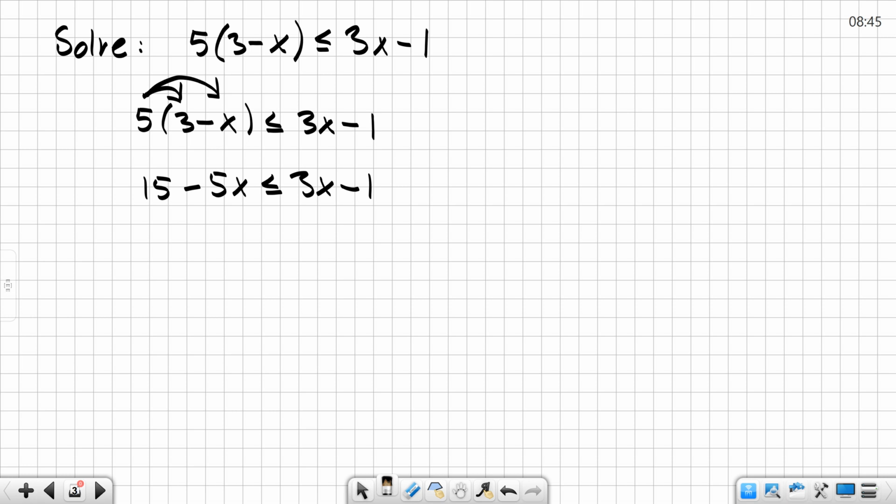Now collecting variable terms on one side and constant terms on the other side. It is easier for us if we always put the variable terms to the left.